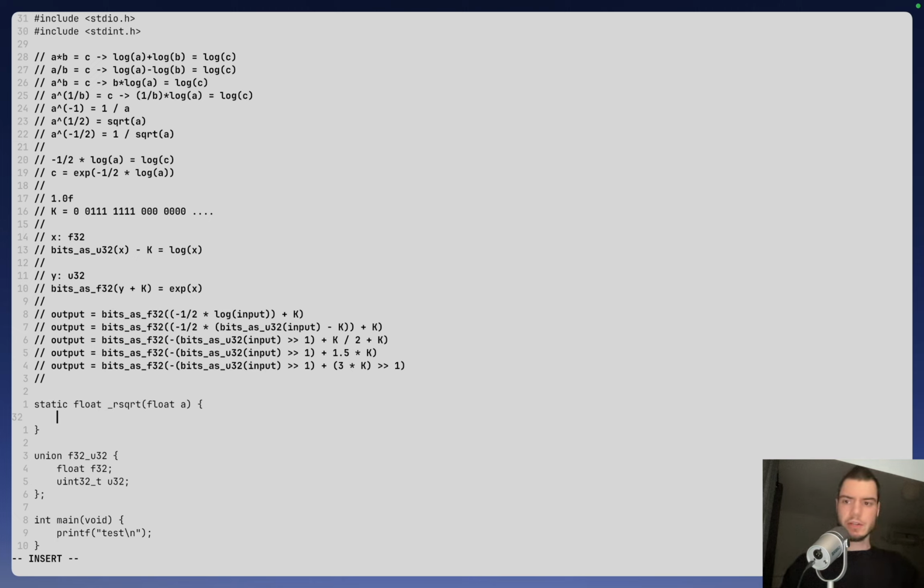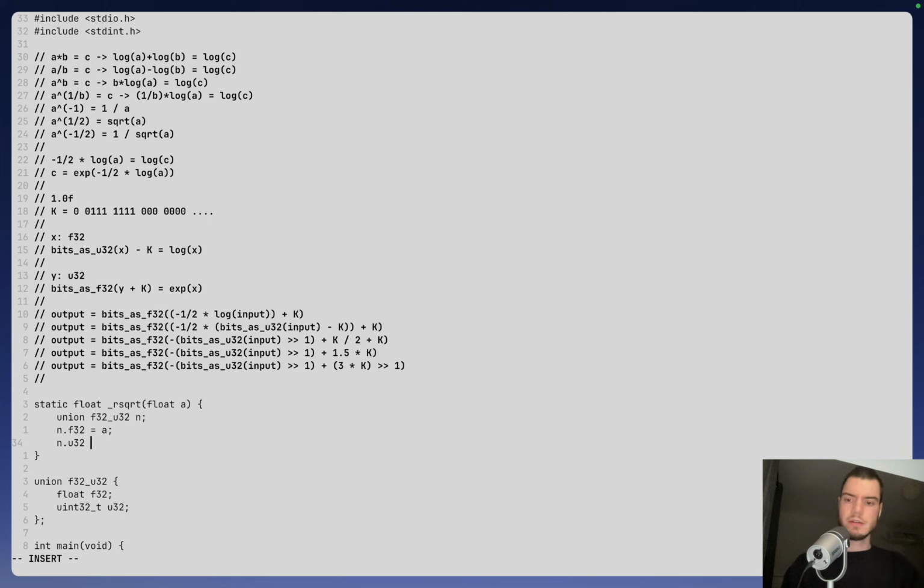And now the first thing we're going to do, we're going to perform this bits as U32. So I'm just going to create a variable of this union type again. And I'm going to assign our input value to its floating point member. And now we can start performing these operations.